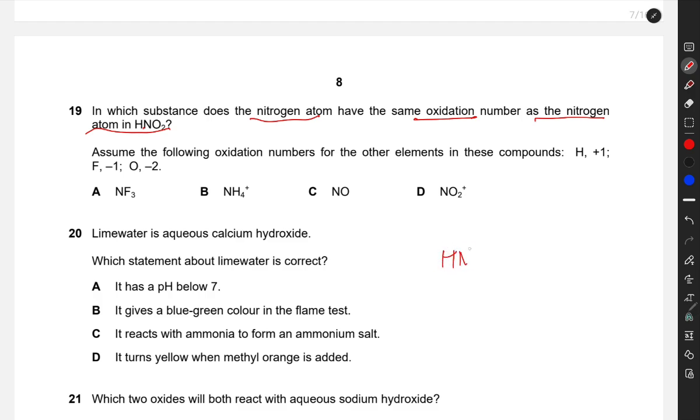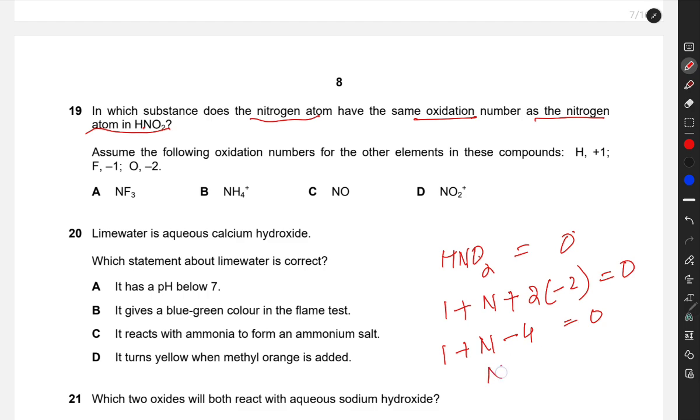In HNO2, the sum is equal to 0: 1 plus nitrogen plus 2 times minus 2 is equal to 0. 1 plus nitrogen minus 4 is equal to 0. Nitrogen minus 3 is equal to 0, and nitrogen is equal to plus 3.